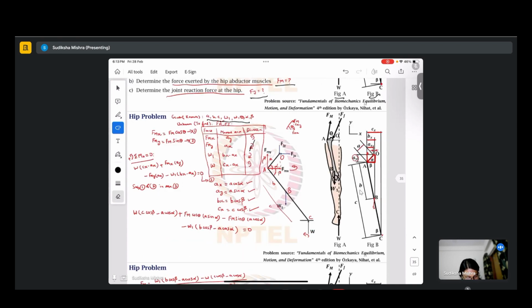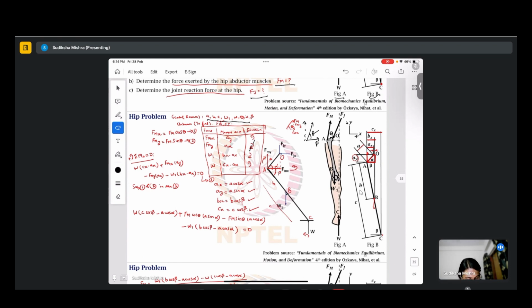So basically you need to draw all the forces that are there. This is OA, this is AC, and this is AB, which forms B. The force Fm, which is acting in this direction with angle theta, can be divided. The assumption is this is positive y, this is positive x.